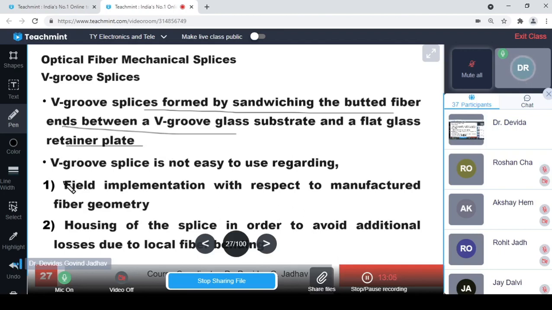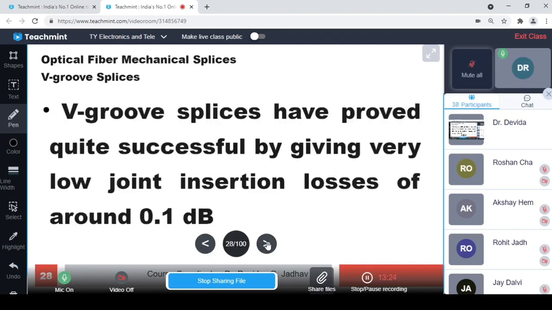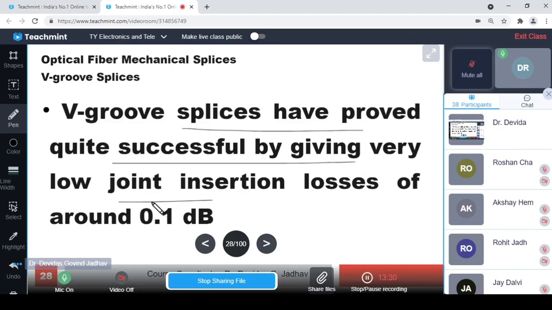It is not easy in field implementation, because the fiber geometry and dimensions are very small, and the housing of the splice must avoid additional losses due to local fiber effects. So these are the attributes. V groove splices have proved quite successful, giving very low joint losses, 0.1 dB.